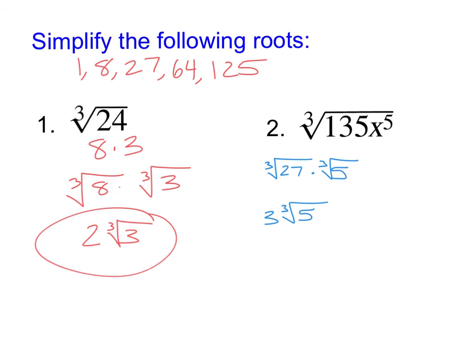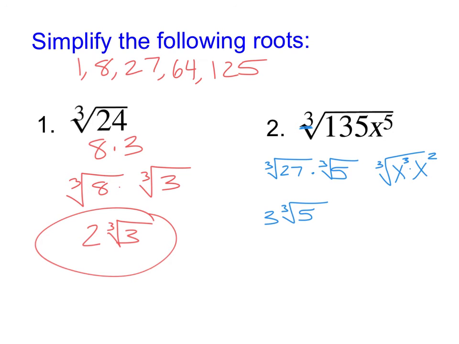Now, how do you think we're going to do x to the 5th? So before, we did what even number is below the power. So in this case, since our root is a 3, what multiple of 3 is just under 5? So this is actually the cubed root of x cubed times x squared.